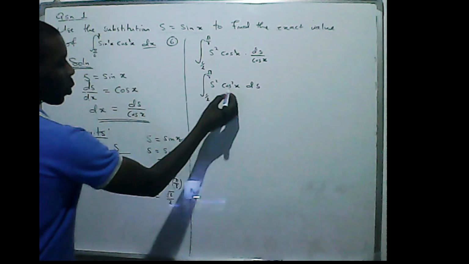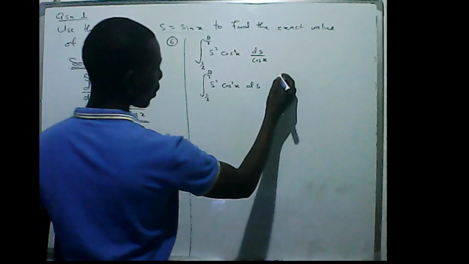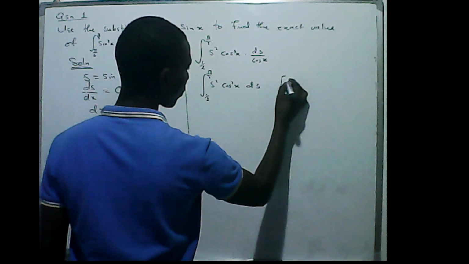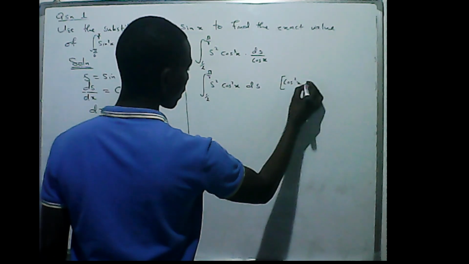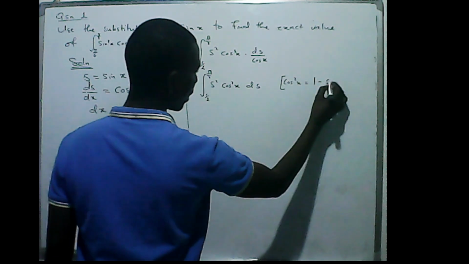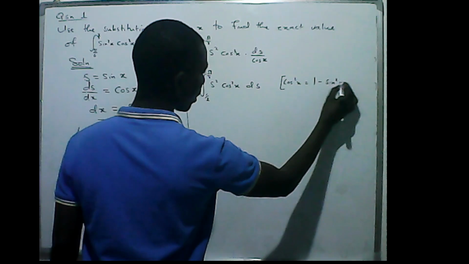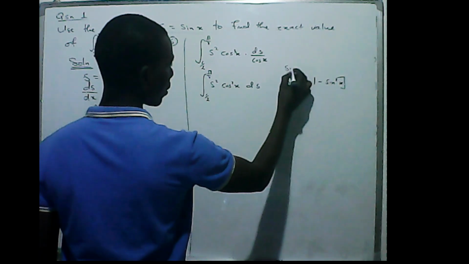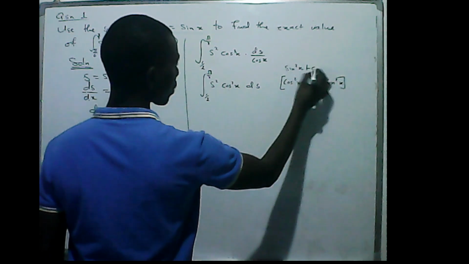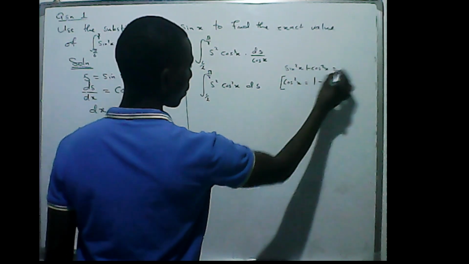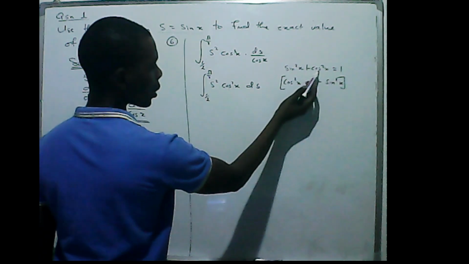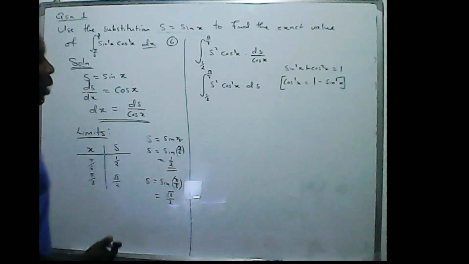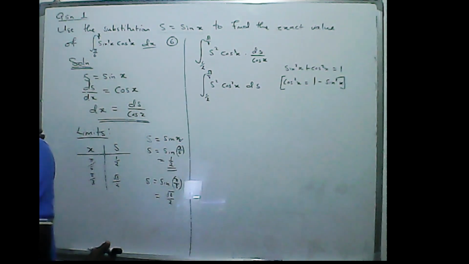Then for cos, remember from the identity sine squared x plus cos squared x equals 1, if we make cos squared x the subject, we get 1 minus sine squared x.